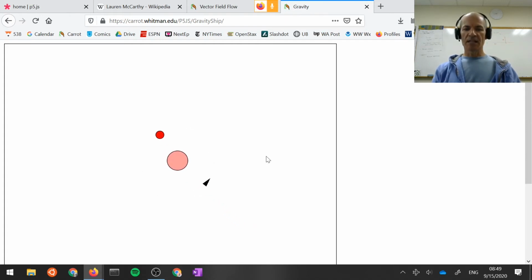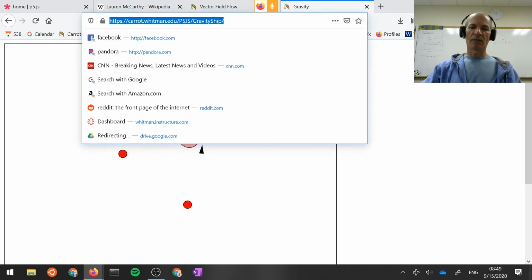And it seems pretty stable for now, but if you let it go long enough, it'll really start to get crazy. And I can add more little meteors to interfere with things if I want. And I've had a lot of fun with this little simulation. And again, you can visit this URL and play with it yourself.